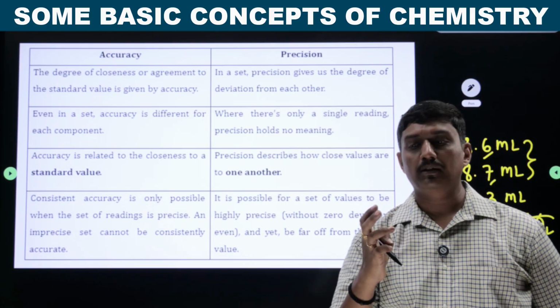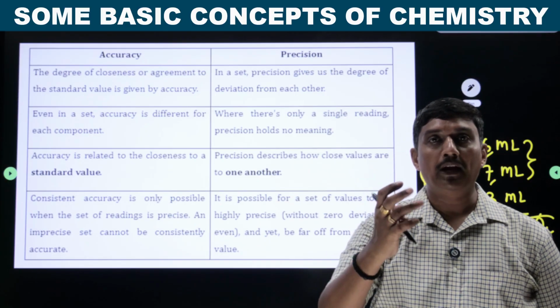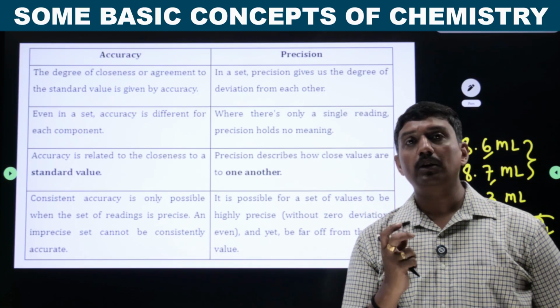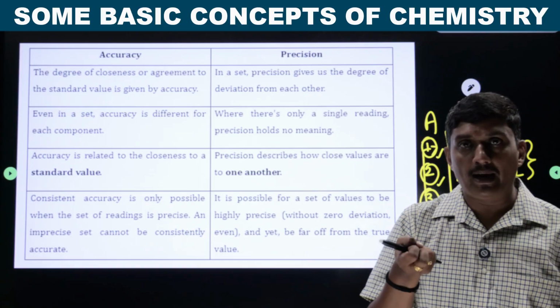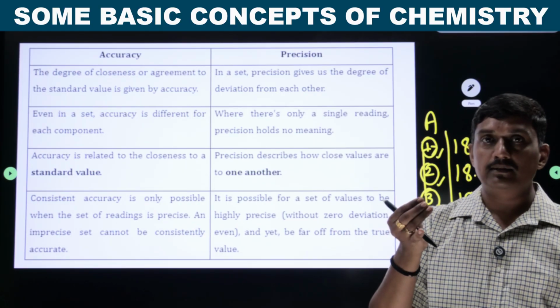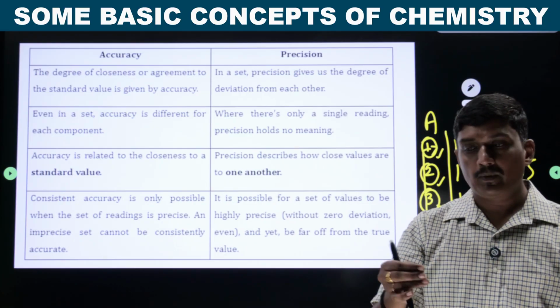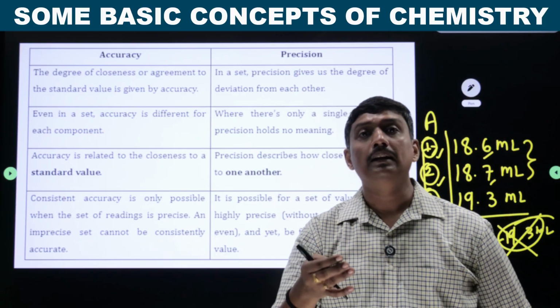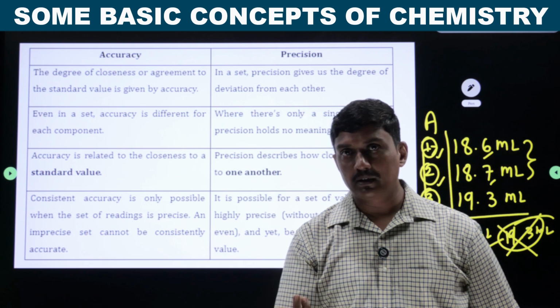The first reason may be manual error. Manual error in the sense of how you are handling the reagent. In some cases, some reagents might be added in excess or in lesser quantity.